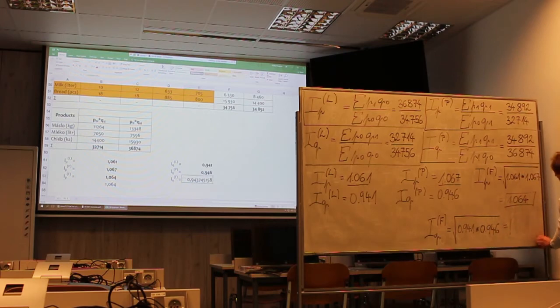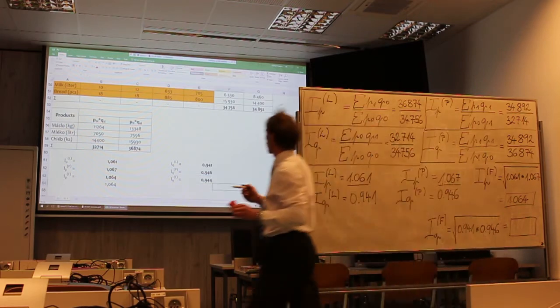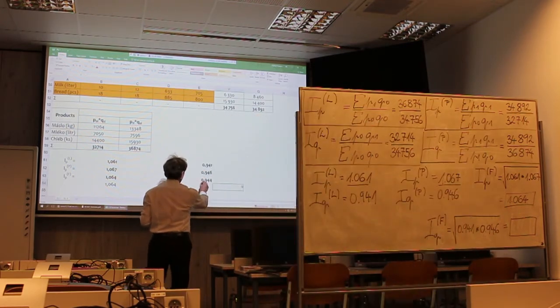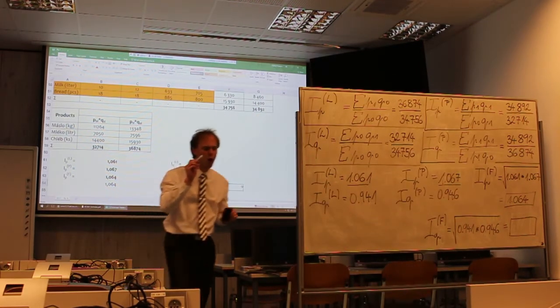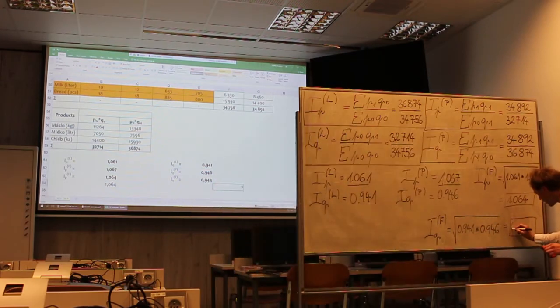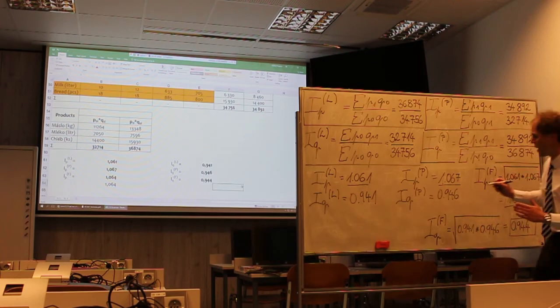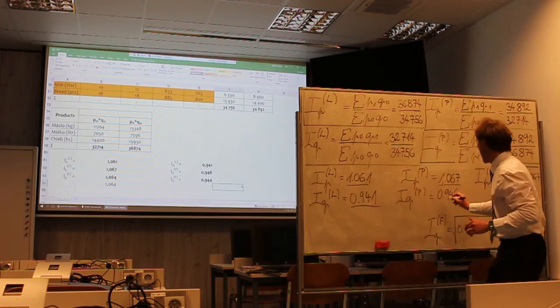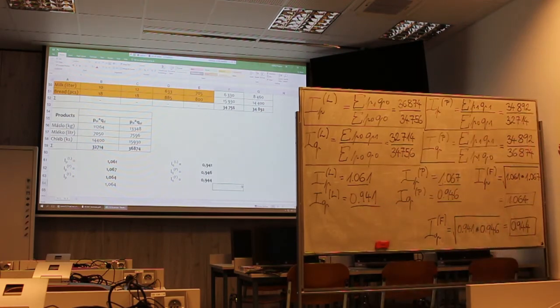Yes, and this result is the square root from this multiplication, 0.944. Okay, so we have here 6 indices, 3 indices for prices and 3 indices for sales, quantity.